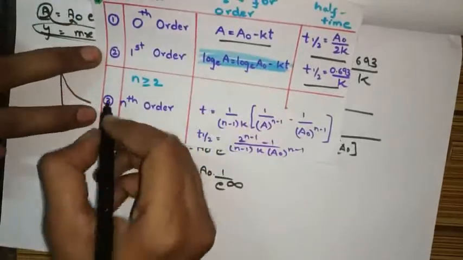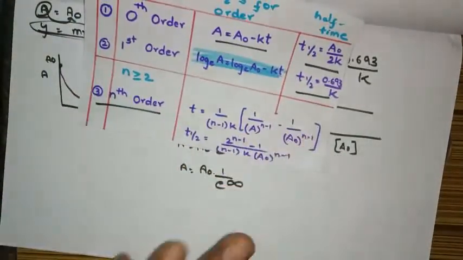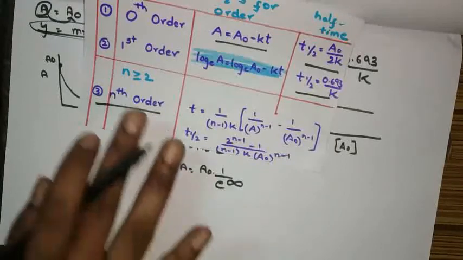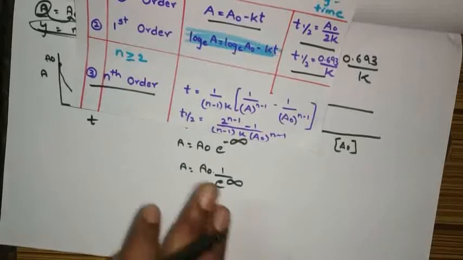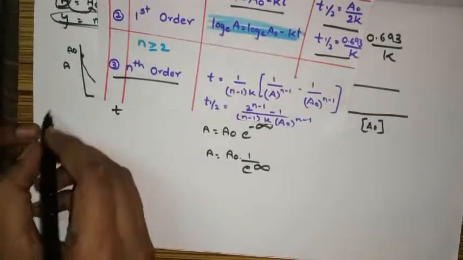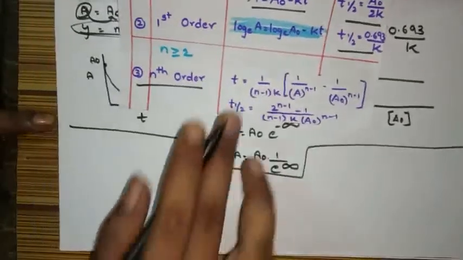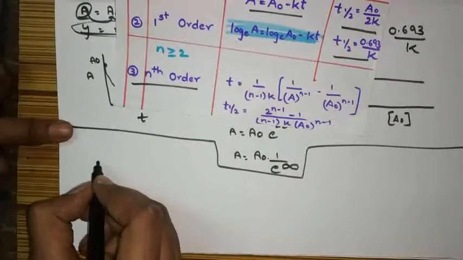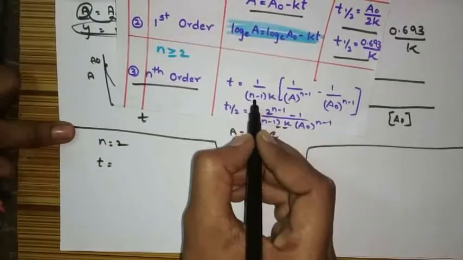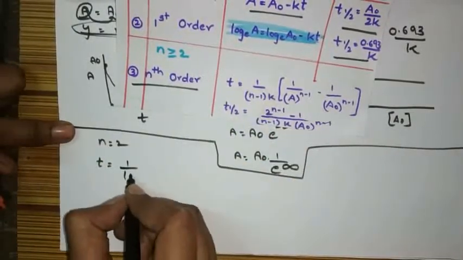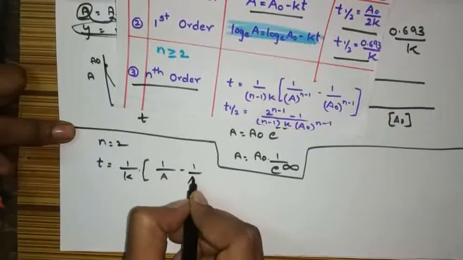Now nth order reaction. This formula is very easy and very important. Please read this formula. Scan this formula with your mind. See, T is equal to, for n is equal to 2 you substitute here, you will get 1 by K into 1 by A minus 1 by A naught.